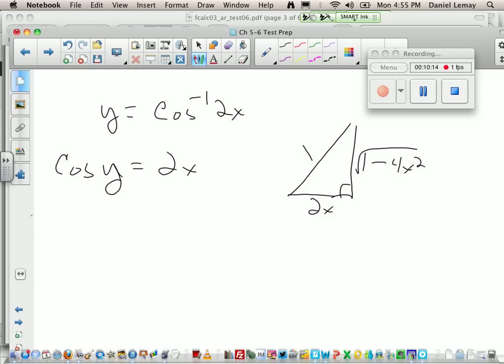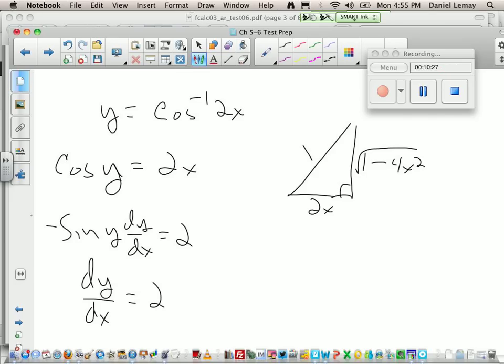Okay, so the derivative of this is negative sine y dy dx equals 2. So if I divide both sides by the negative sine of y, that's the same as having the negative cosecant of y.